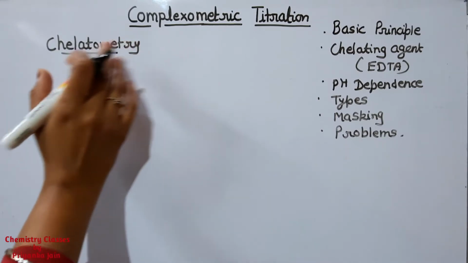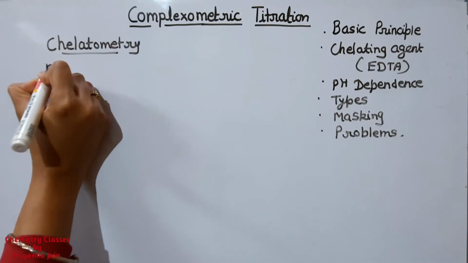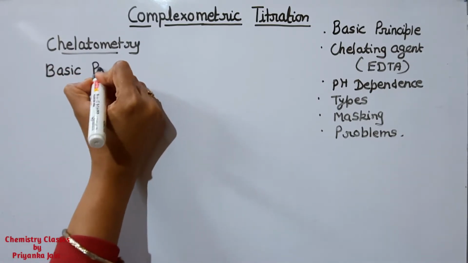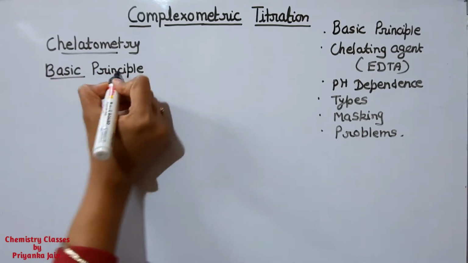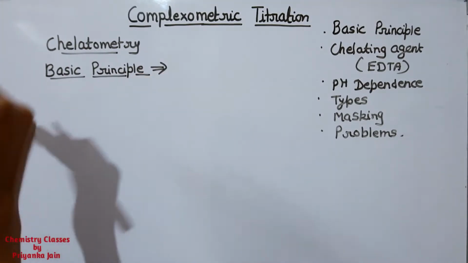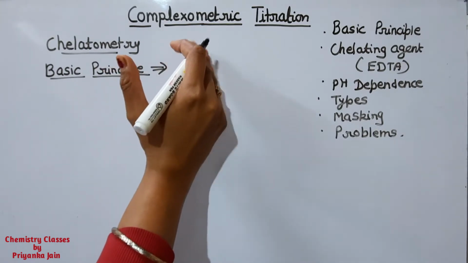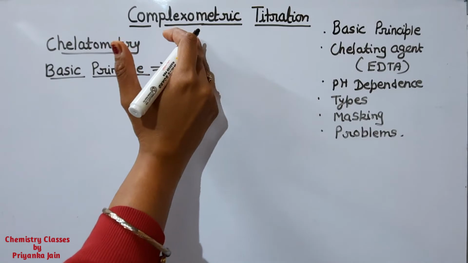Now we have to see the basic principle of this topic. What is the basic principle of complexometric titration? As I have told you, it is actually the chelate formation. So the titration is done by chelate formation, or the endpoint is detected by the formation of the chelate.